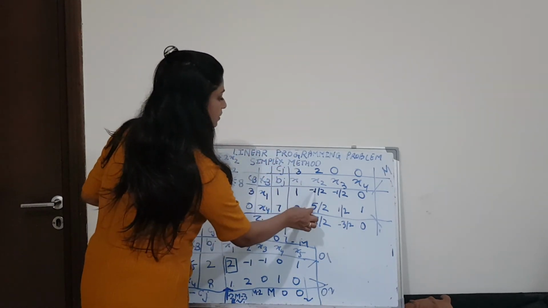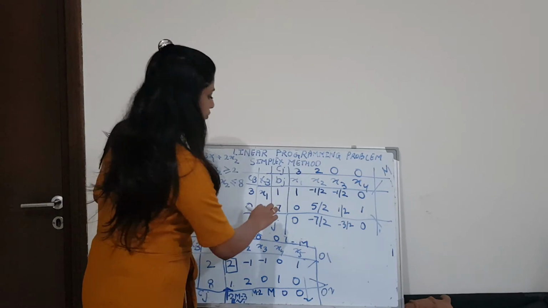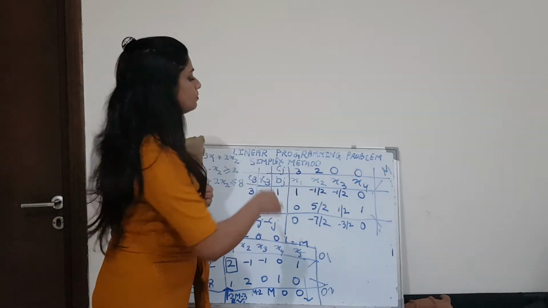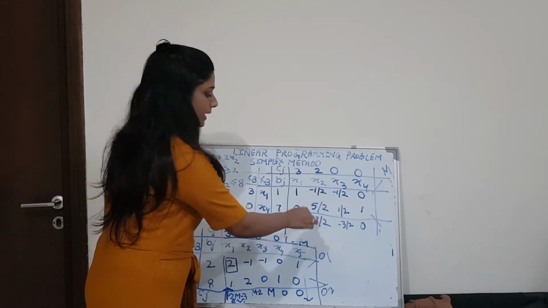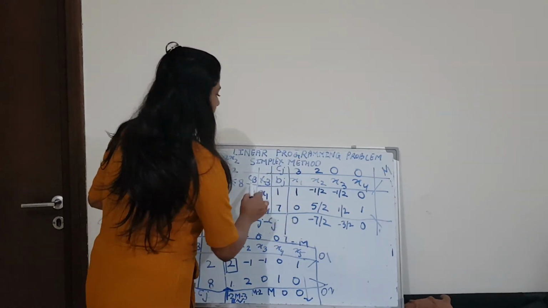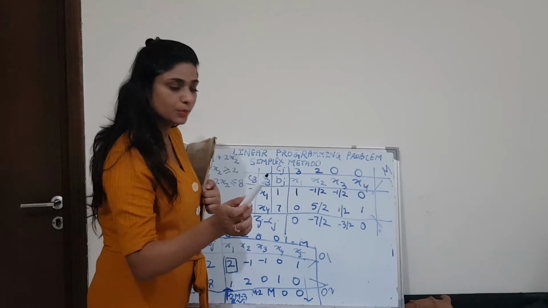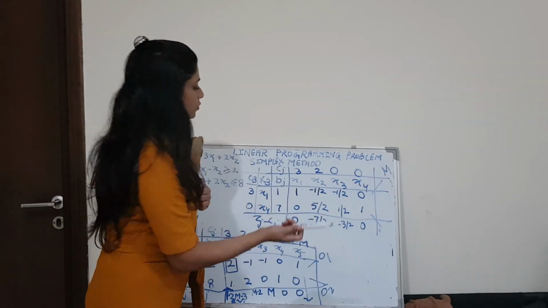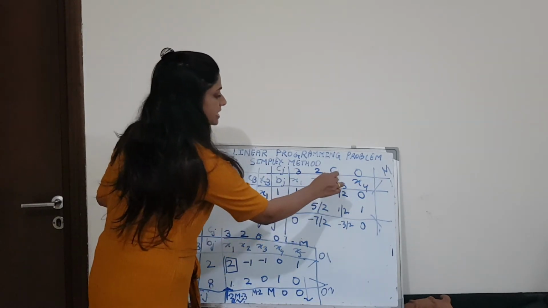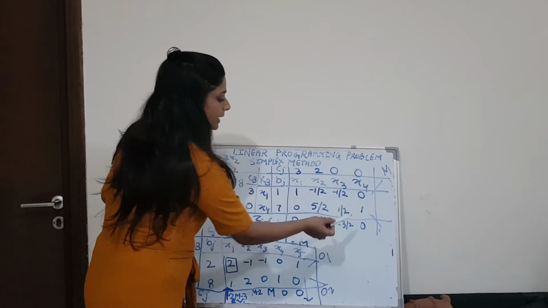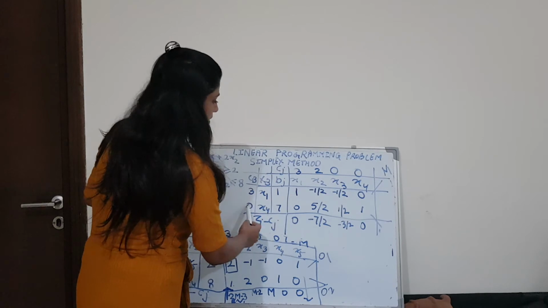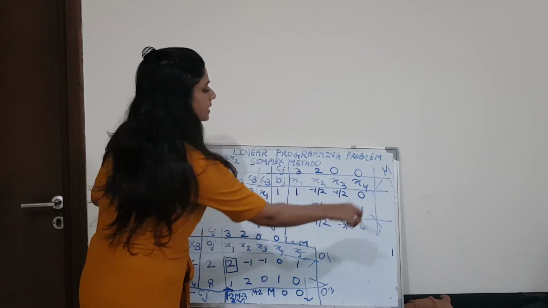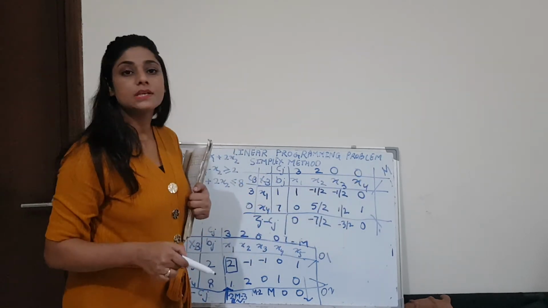Similarly 3 into minus 1 by 2 is minus 3 by 2, plus 0 into 5 by 2 is 0, and minus Cj, so minus 2 gives minus 7 by 2. Same way 3 into minus 1 by 2 is minus 3 by 2, 0 into 1 by 2 is 0, and minus Cj, which for this column is 0, so minus 3 by 2. And the last column: 3 into 0 is 0 plus 0 into 1 is 0, and minus 0, so all 0.